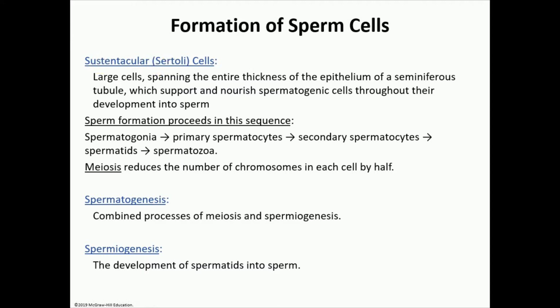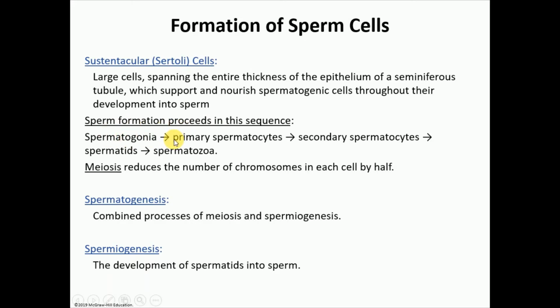So it helps that they all start with S. Okay, so the first cell to start off the process of spermatogenesis is known as a spermatogonia. So again, we're going to make sperms. And it needs support by these sustentacular or Sertoli cells. Okay, and they support the process by providing the nourishment needed for these spermatogenic cells to develop into sperms.